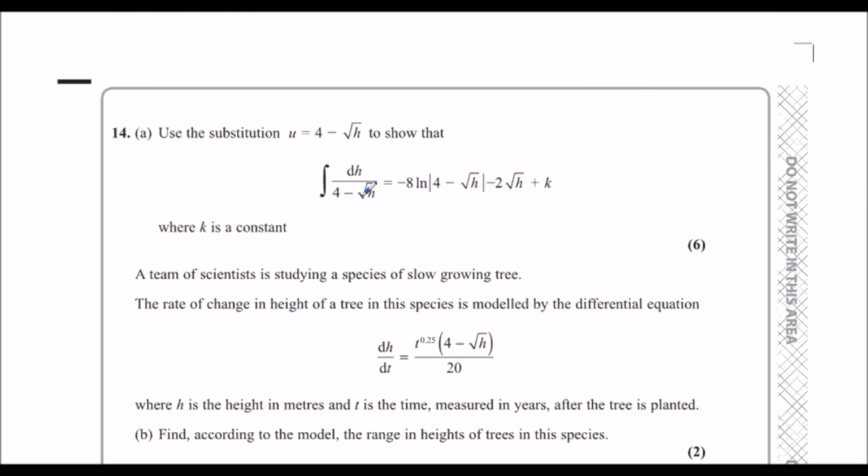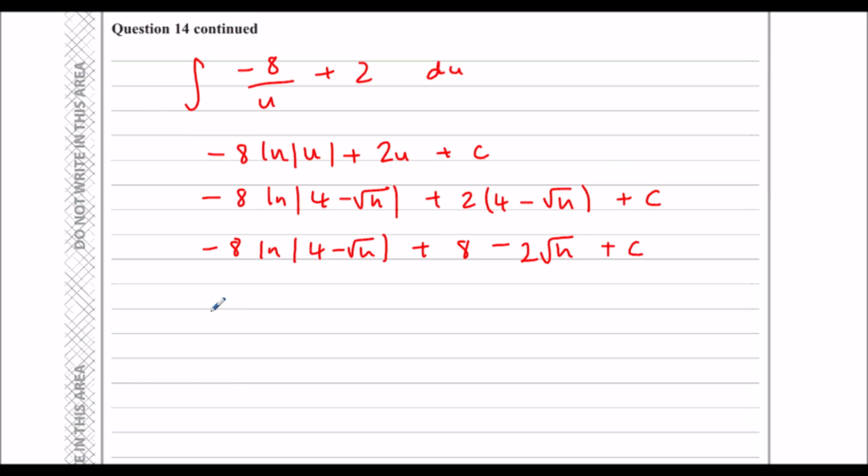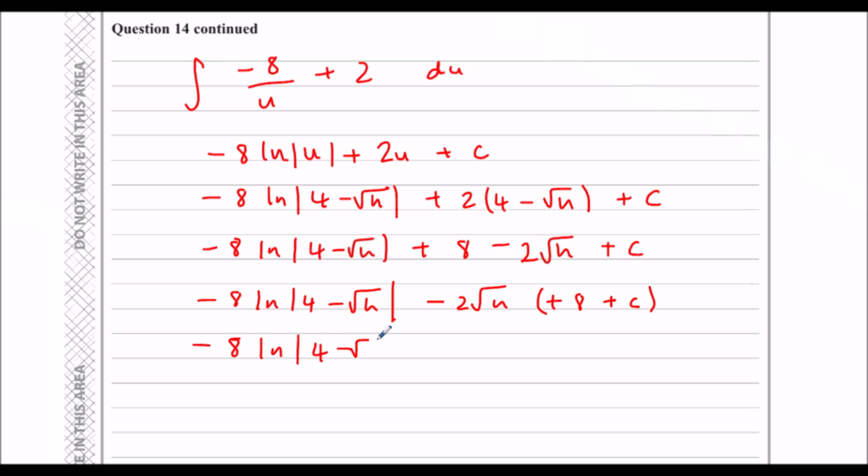How do we want our answer? So -8 ln 4 minus root h minus 2 root h plus k. So they've changed plus 8 plus c into k, so minus 8 ln 4 minus root h minus 2 root h plus k. And that's what we wanted.